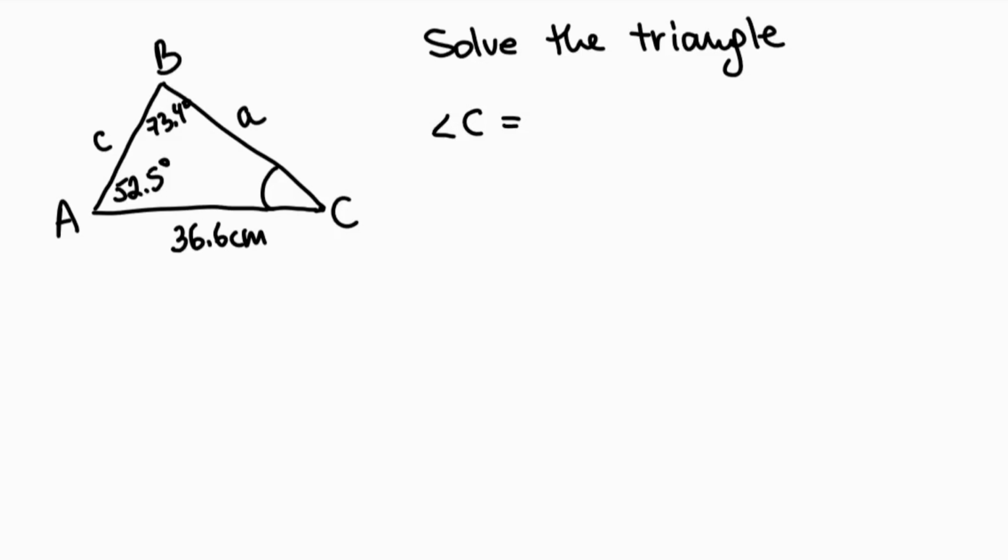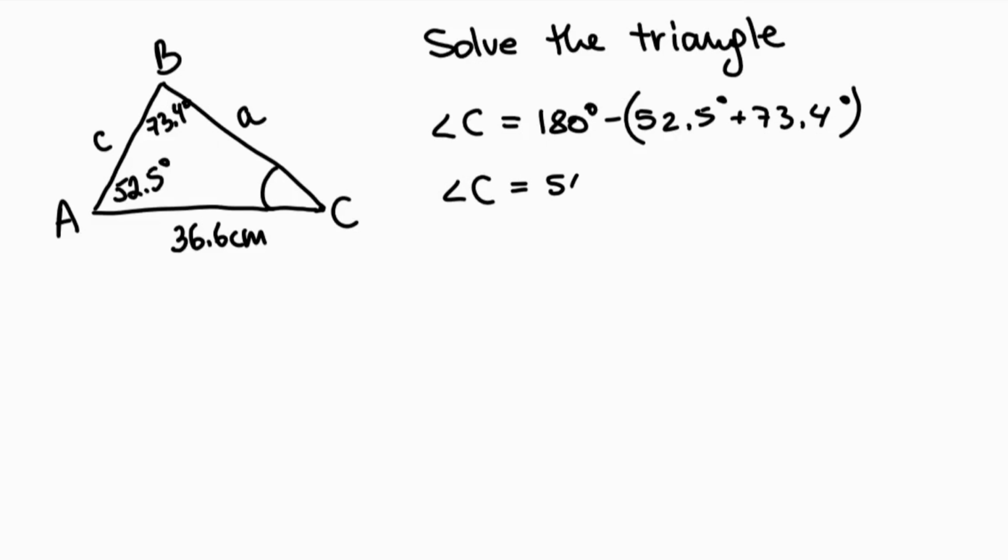So angle C is equal to 180 subtract 52.5 degrees plus 73.4 degrees. So angle C is equal to 54.1 degrees.